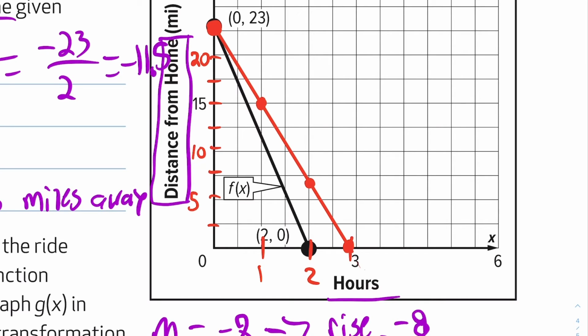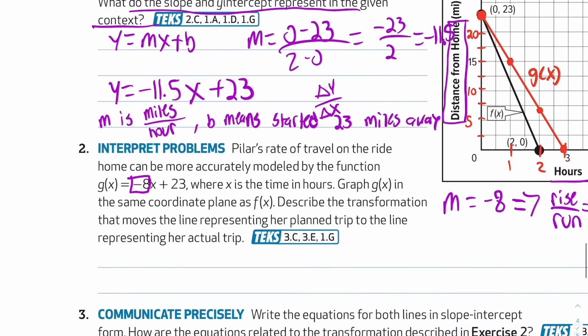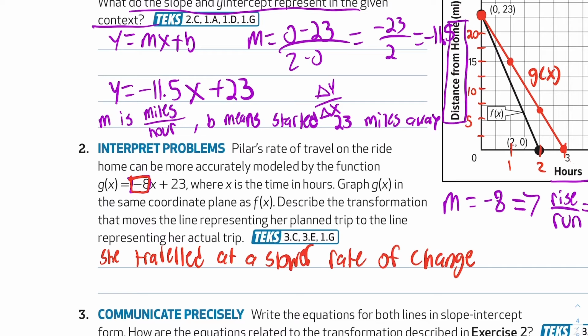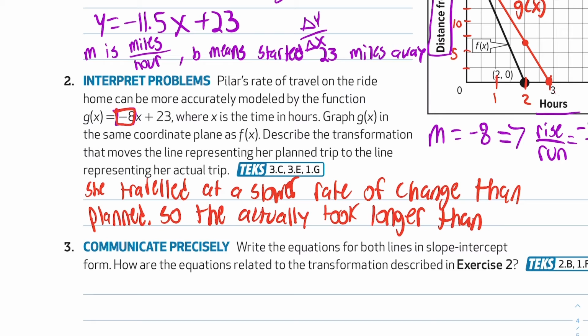In the original graph, it took her 2 hours, and in this new graph, g of x, it took almost 3 hours. So it took her longer because of that. She traveled at a slower rate of change than planned, so the trip actually took her longer than 2 hours.